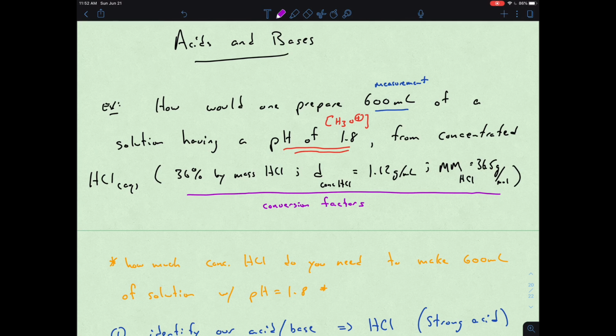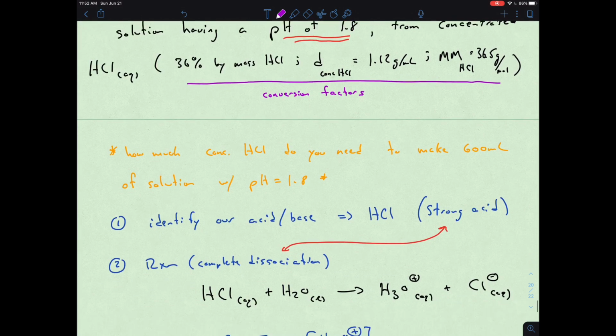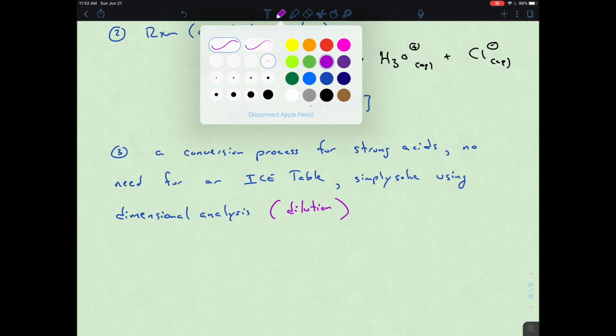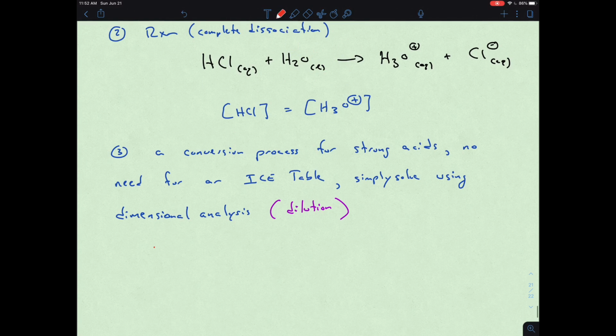As far as our process goes, we have a couple of steps that we need to do in preparing. Step A would be to get to our hydronium ion concentration, and that would be equal to 10 to the minus pH.